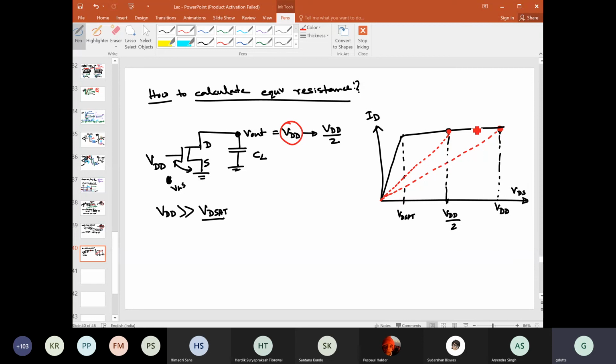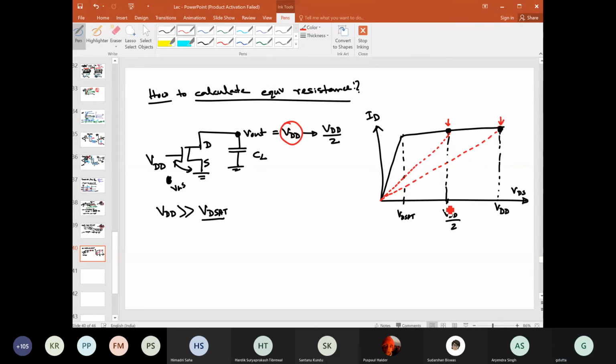It will continuously change. But to simplify our calculation, we can find the resistance offered at this point and at this point, and take an average of these two values. Then we get the average resistance offered by this NMOS for the propagation delay, because for propagation delay we are interested only in the change from VDD to VDD by 2.